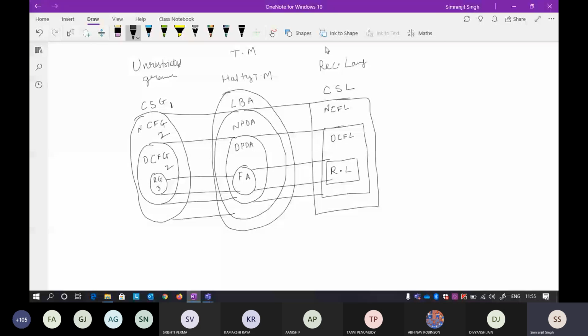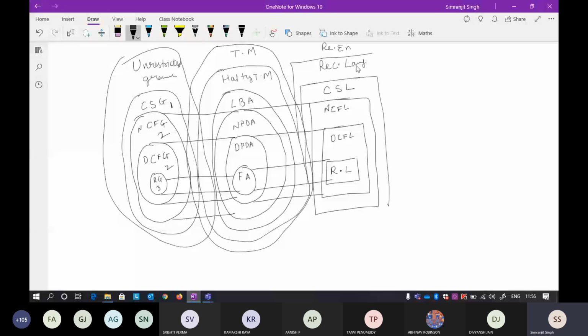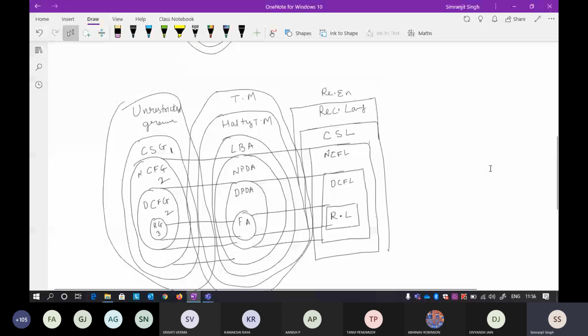Okay, so this is now your complete Chomsky hierarchy. This complete diagram is referred to as Chomsky hierarchy. It's a little bit not a tidy one, but you can draw it completely fine. Keep in mind, everything is a subset or superset of the further languages.